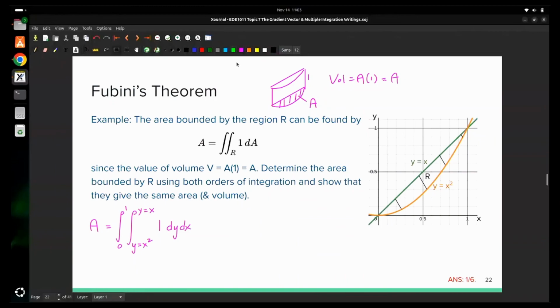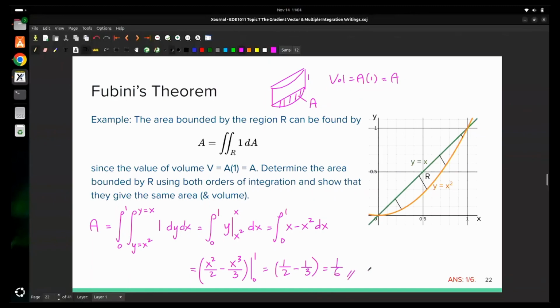If you integrate 1, you get y, then you sub in x and x squared respectively. So integrate from 0 to 1 of x minus x squared dx. Now you have x squared over 2 minus x cubed over 3. Then you sub in the limits from 0 to 1, and you get half minus 1/3, which is just 1 over 6.